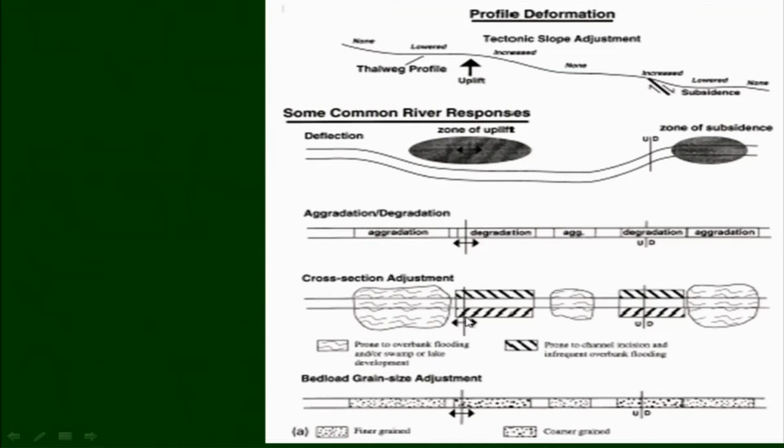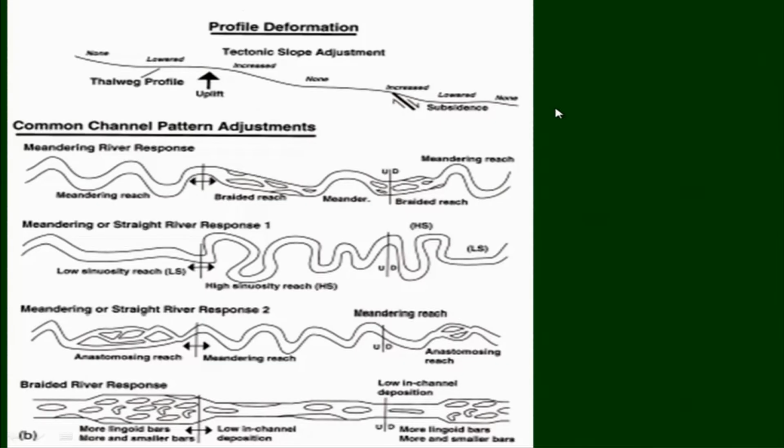Now these are a few examples which we have already discussed, so I would like you to go through them, and they can help you in identifying the local responses to uplift and subsidence. So what will happen if you are having an uplift and a subsidence along the journey of the channel, which will result in a profile of deformation.